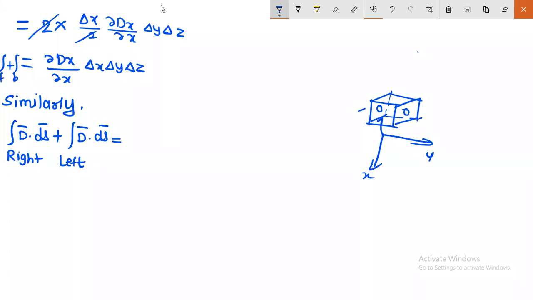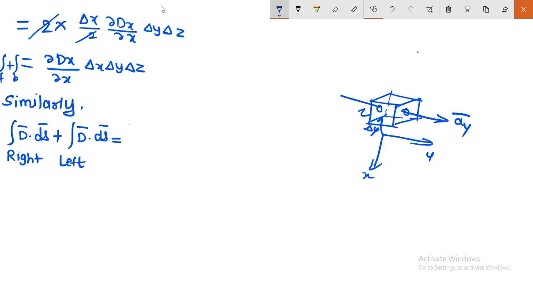X-axis, y-axis and z-axis. So for the left side and the right side, the perpendicular axis is a bar y. So here we are considering with respect to y, delta y.